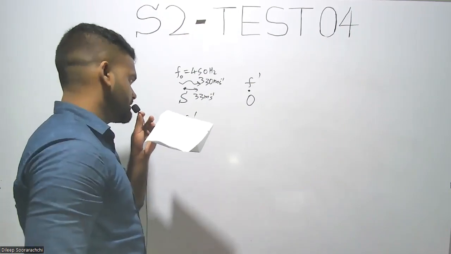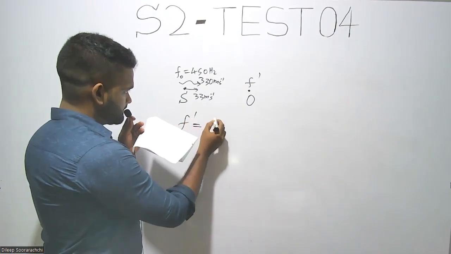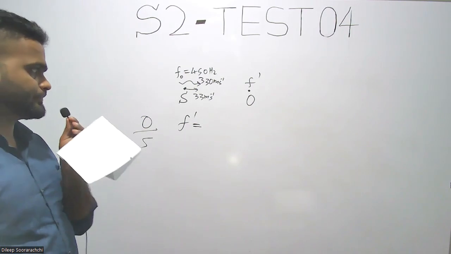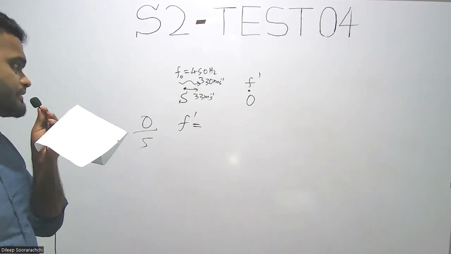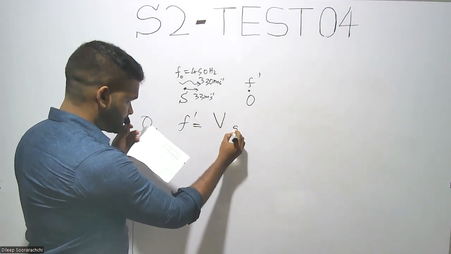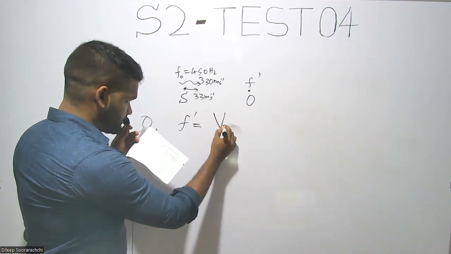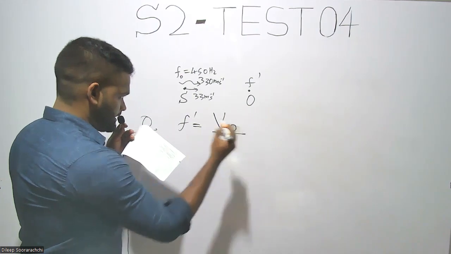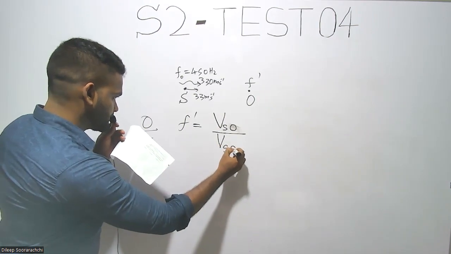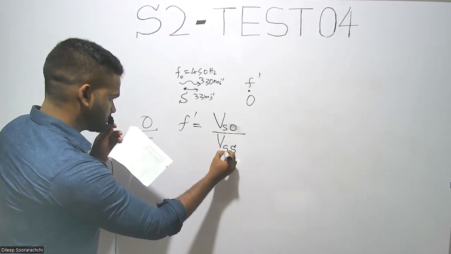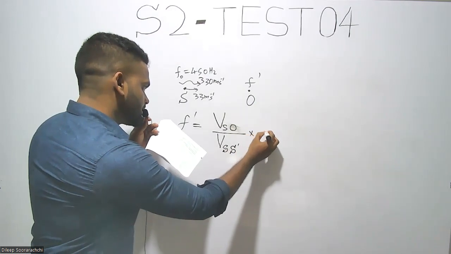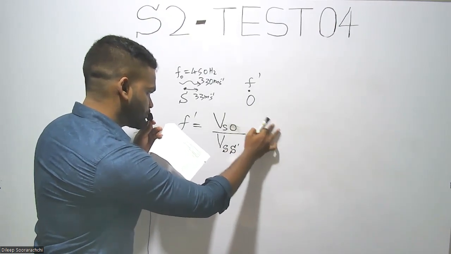So this method is easier. For apparent frequency, just remember O divided by S. Apparent frequency is the velocity of sound relative to observer, divided by the velocity of sound relative to source, times f naught, the true frequency, the actual frequency.